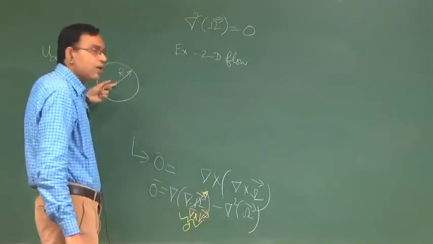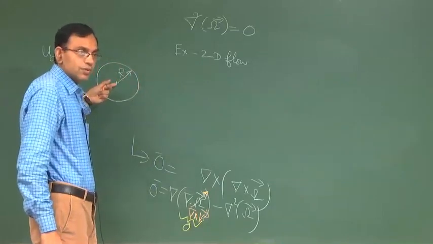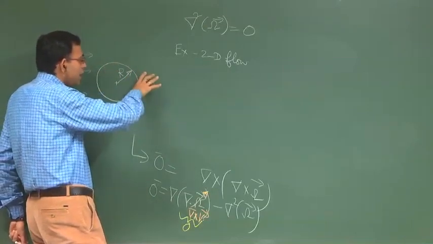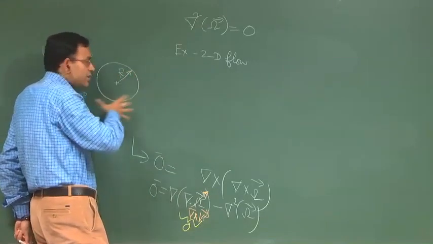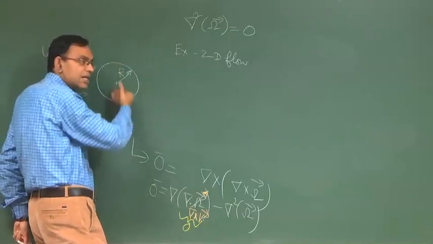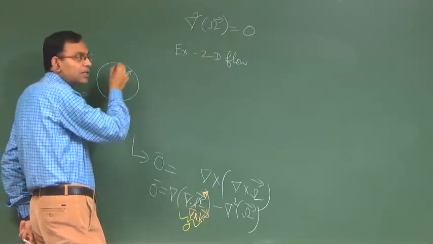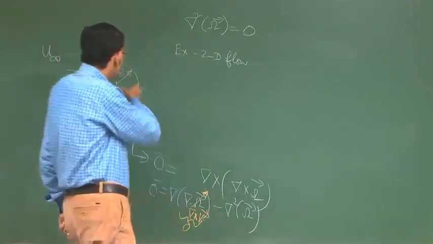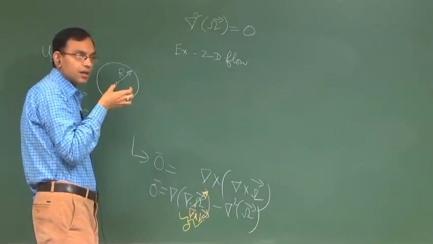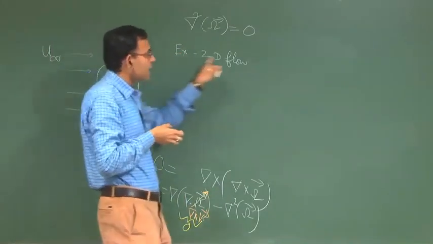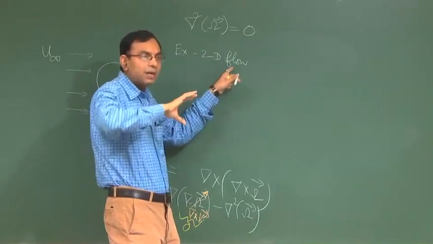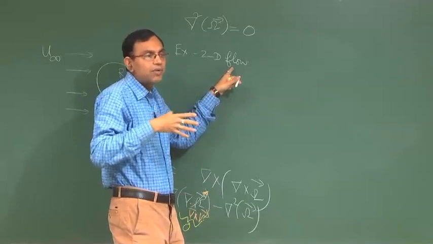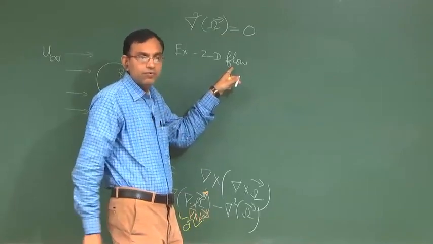This also can be boiled down to a 2-dimensional flow, because if you see the flow around a sphere, it can be perceived or simulated by the flow through a central plane where the velocity components are Vr and V theta, just the r component and theta component, there is no z component. So although the sphere by geometry is a 3D geometry, the flow past a sphere can be very nicely modeled as a 2D flow.